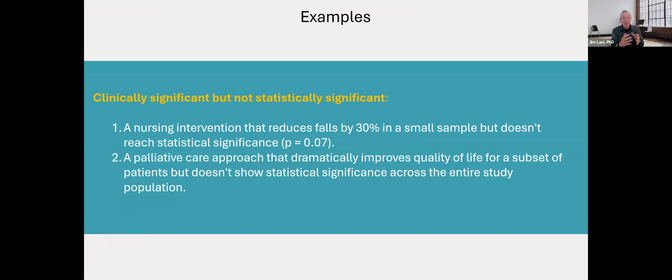So you're going to want to reduce those, even if it's not statistically significant. If you can reduce falls by some number or some percentage, that's great for everybody. The point is that some things are really important, even if they don't reach statistical significance.